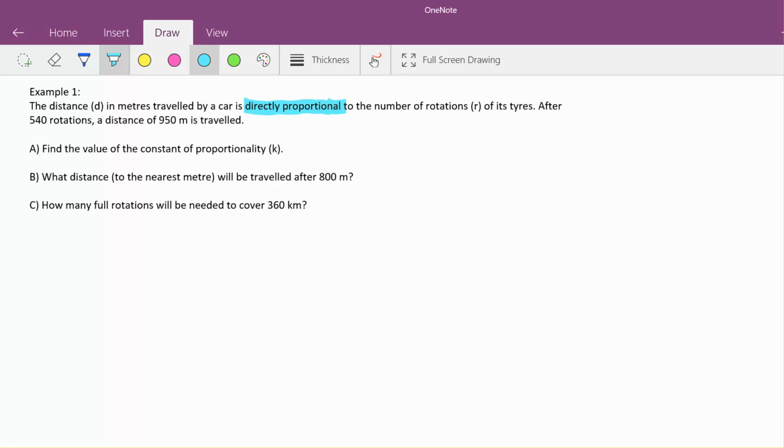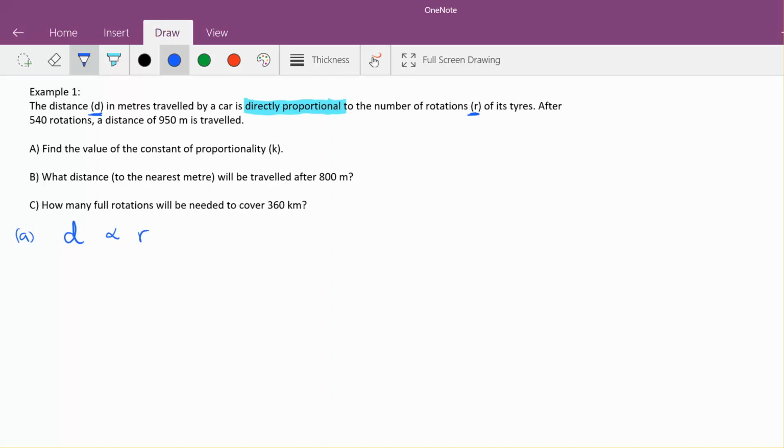After 540 rotations, a distance of 950 meters is traveled. Part A, find the value of the constant of proportionality, k. Alright, this is how we set these questions out. Here, distance is directly proportional to rotation. So we say distance, we use this symbol, rotations.